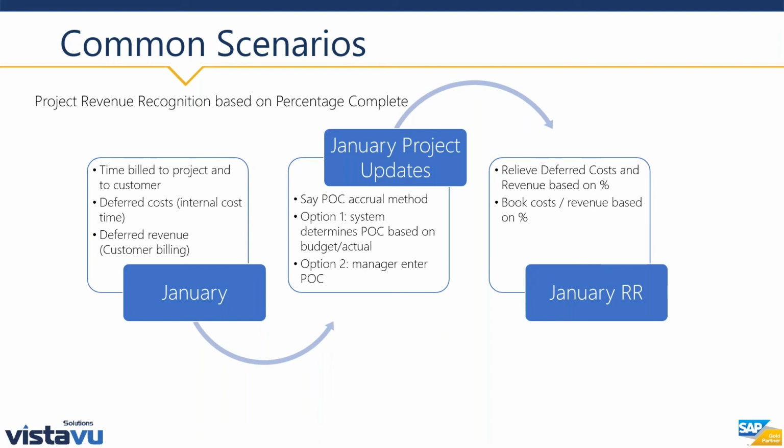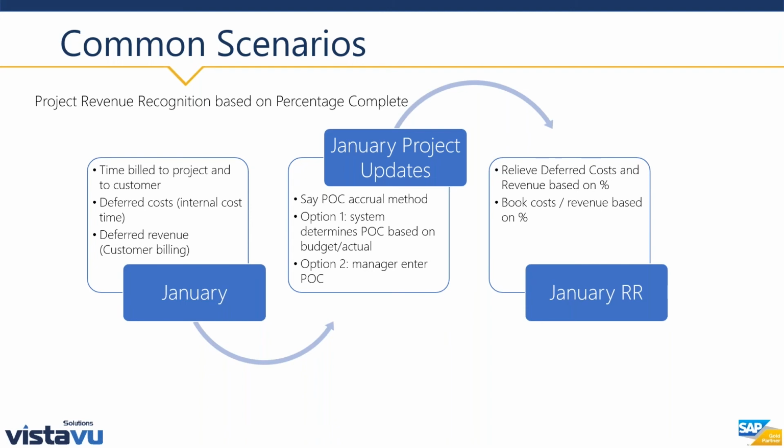So in this situation, we have time billed to a project and to a customer, let's say in January. Everything just goes into the deferred costs, like all the timesheets, and all the billing goes into deferred revenue. Then there's a step that's a little bit different from those other scenarios where the project manager is probably going into the project and doing some updates. And there's a few different ways you can even do the percentage complete. So you could have the system determine the percentage complete based on budgets and actuals that you've set up in the project.